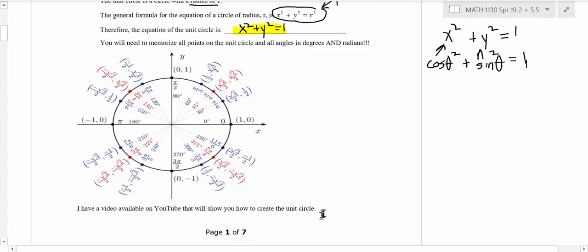I also have a video, about 10 minutes, that shows you how to create the unit circle so you don't have to memorize it. If you don't know this well from your past, I recommend you watch it. It's important enough for this class and higher math that you know how to build the unit circle when you need it. In calculus, no teacher is going to give you a unit circle, and you might be in Calc 2 or Calc 3 and you're just expected to retain this.